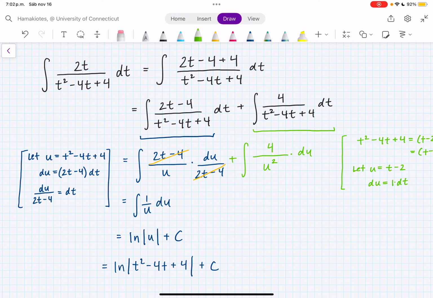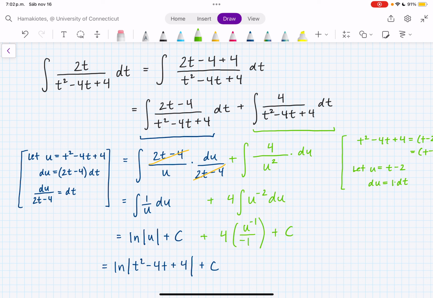Now 4 is a constant, so I can take it outside of the integral, and I'm left with 1 over u squared du. We know how to take the integral of this, but maybe it's helpful if we write 1 over u squared as u to the minus 2 du. And we see that the integral of this is u to the minus 1 over minus 1.